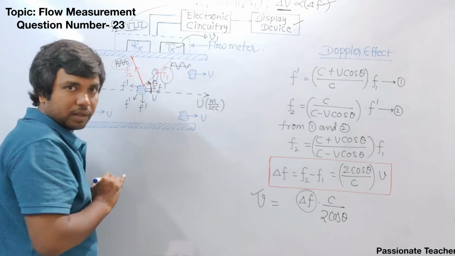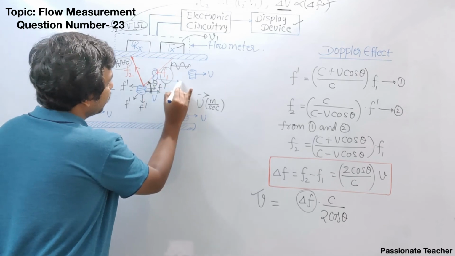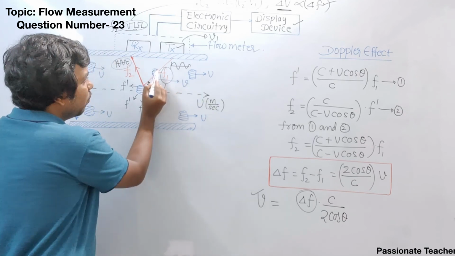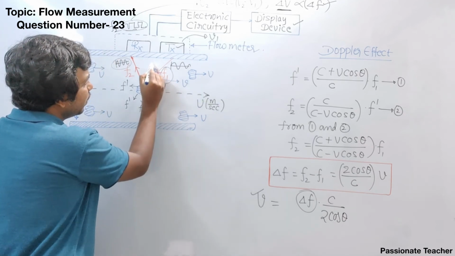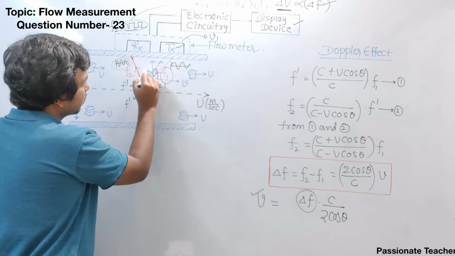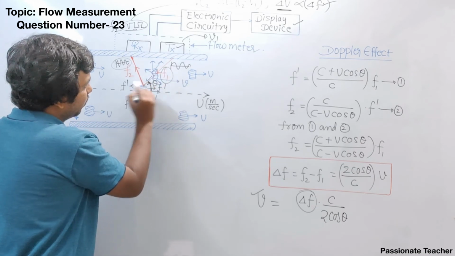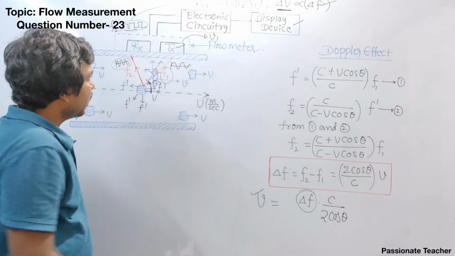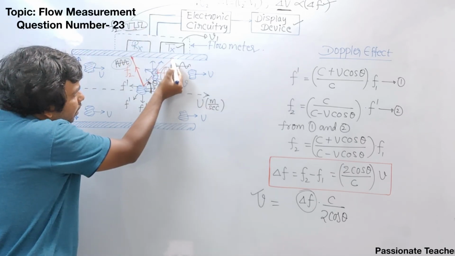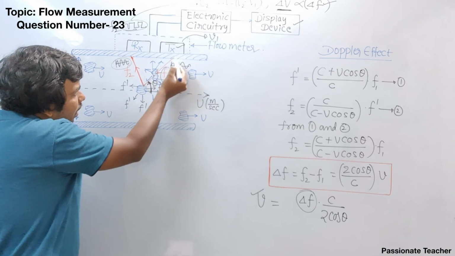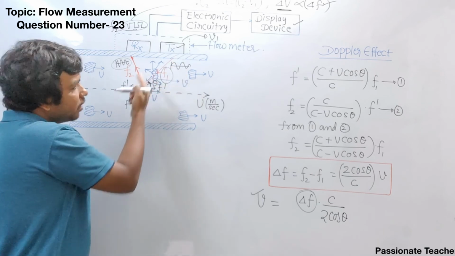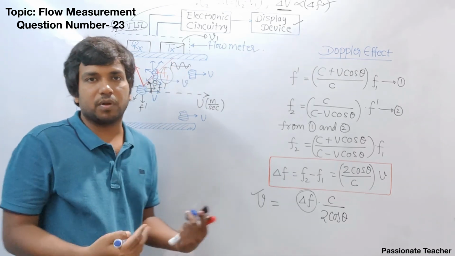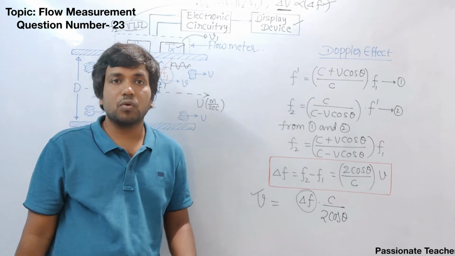Again the velocity of this fluid particle is the same, v. When it hits this one, it is going to scatter the wave, and one of the scattered waves will come to the receiver. So any particle which is in the line of the ultrasound will act as an observer in the first case and as a source in the second case.